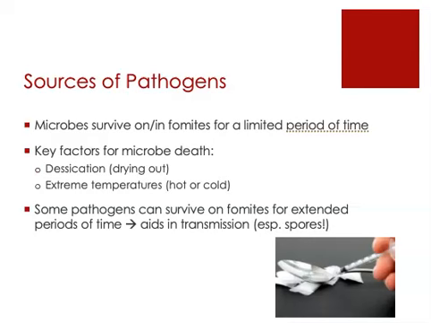So bacterial pathogens are not going to be able to survive very long on a fomite that is very dry. On the other hand, fomites that are constantly damp, constantly wet, would be a good source for the survival of bacterial pathogens. The other condition, the other primary condition, is temperature. Any fomite that gets exposed to extremes of heat is probably not going to carry pathogens for very long.